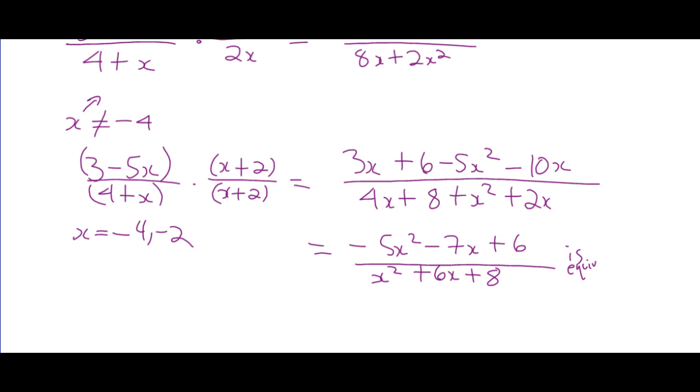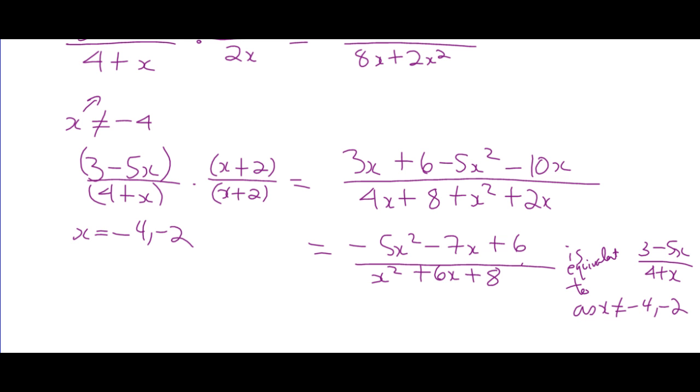And that's equivalent to (3 - 5x)/(4 + x). These guys are equivalent, right? As long as x is not equal to -4 or -2. Now, if you wanted to show these guys were equivalent, you basically have to back it up. You have to take this and factor them.